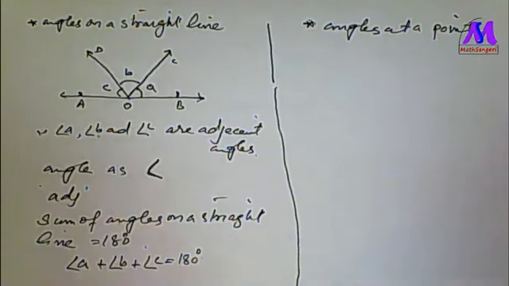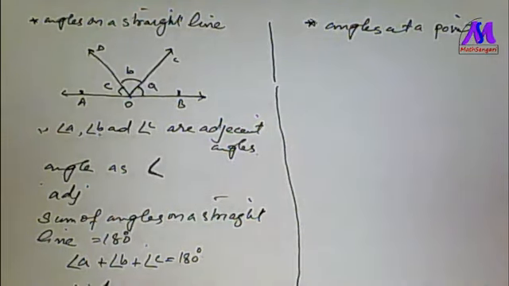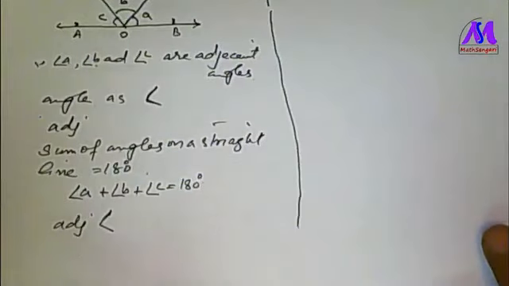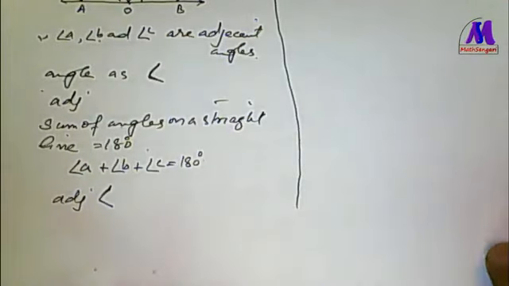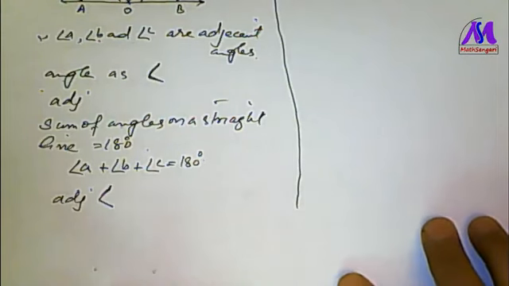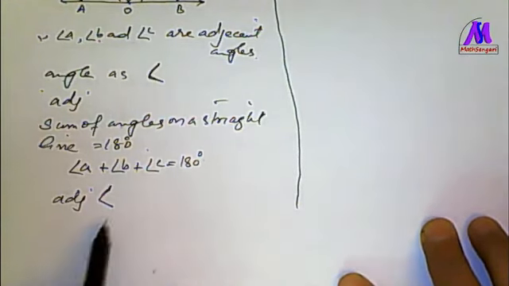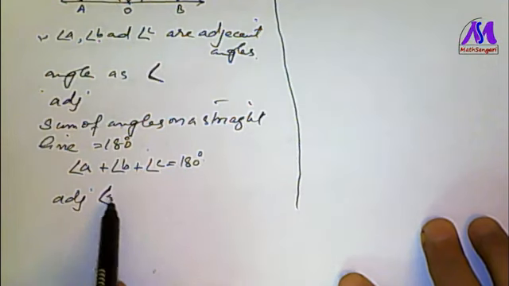ADJ is the abbreviation of adjacent, and this sign indicates the angle, and a small s inside means angles.